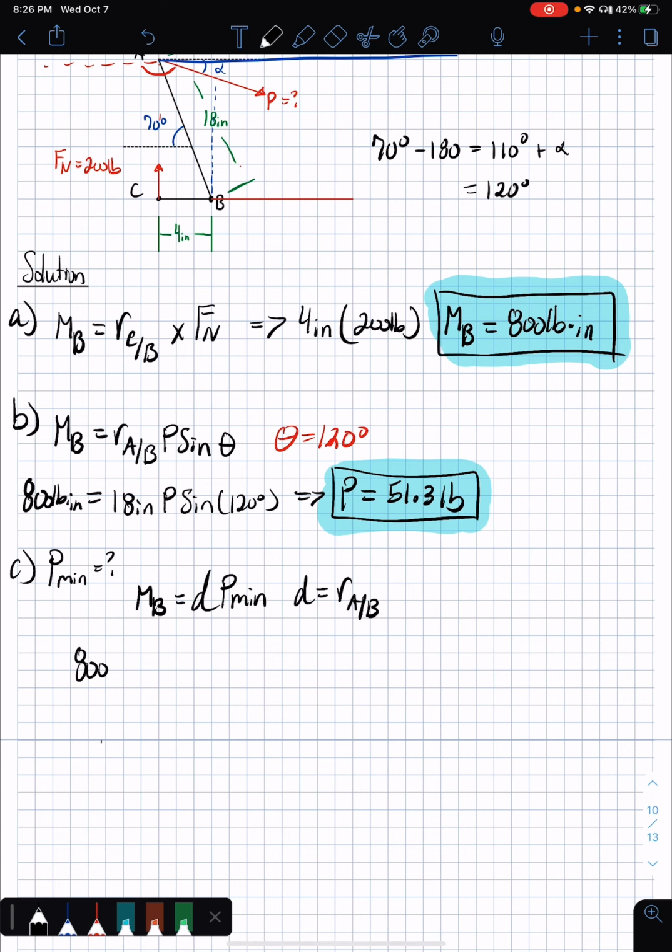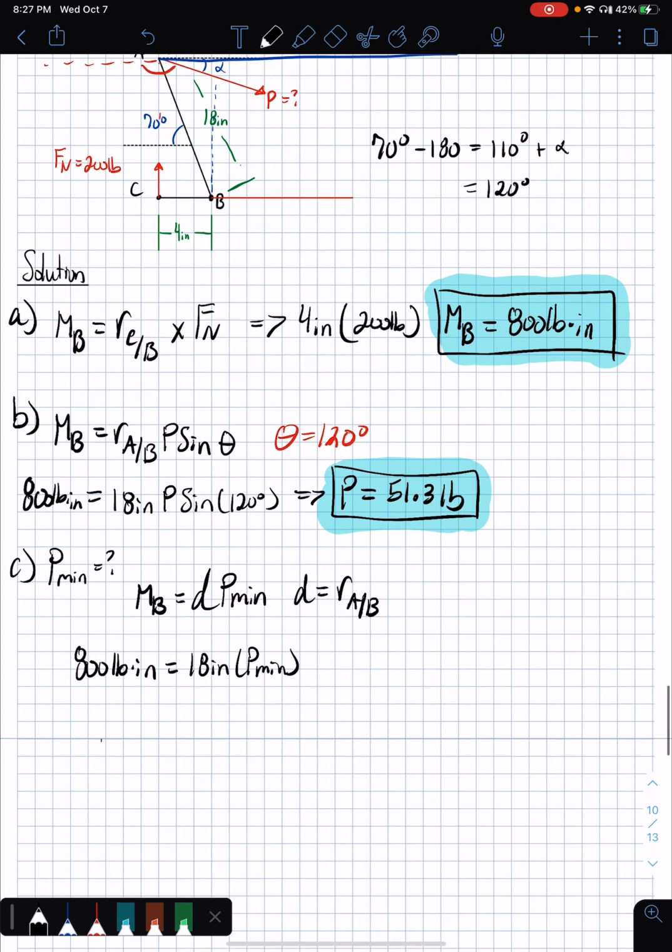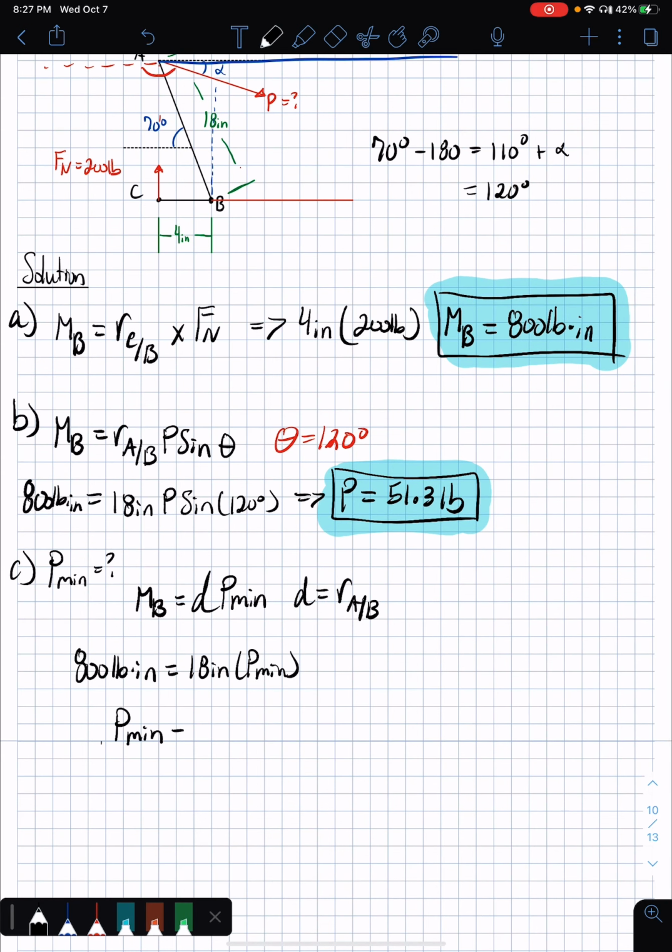We have 800 pound-inches is equal to 18 inches times P min. Solving for P min, we get 44.4 pounds.